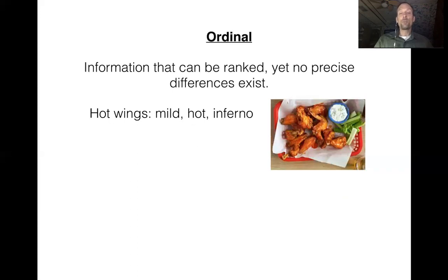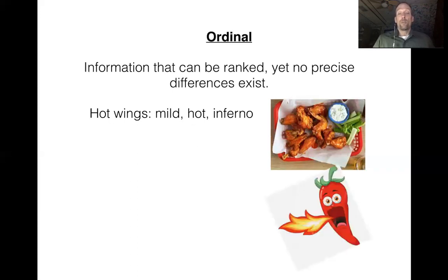If we have somebody sitting down with a pile of inferno wings, and the person next to them has mild wings, it's definitely the case that the inferno wings are much more intense than the mild wings, but by exactly how much, what degree of intensity, we don't really know because we don't have that information. We just know that one is more intense than the other.